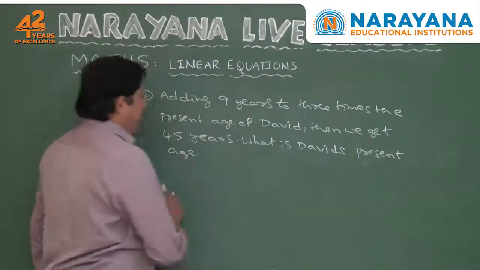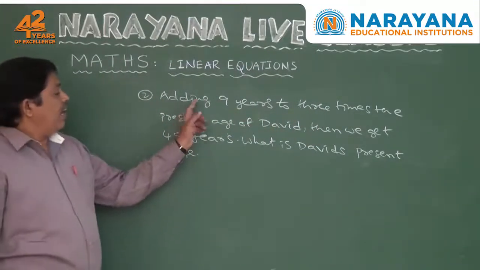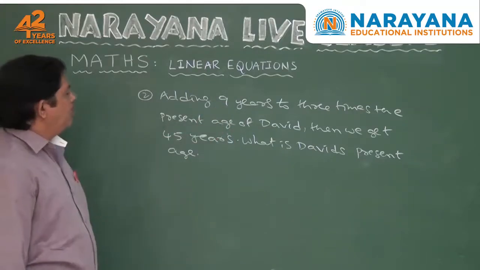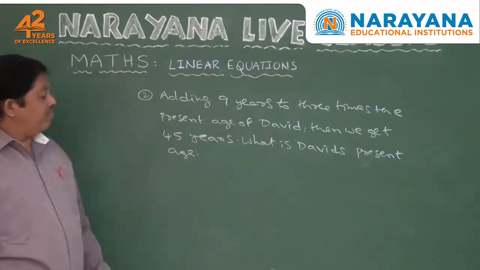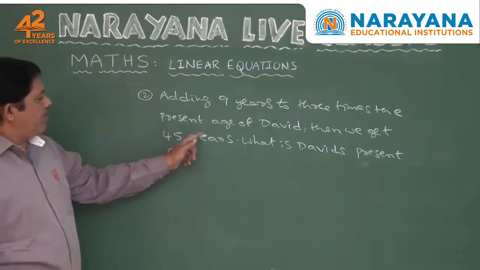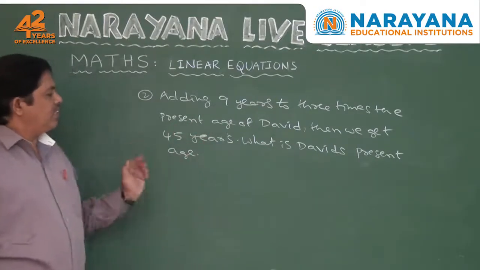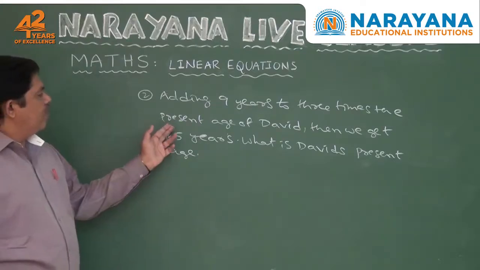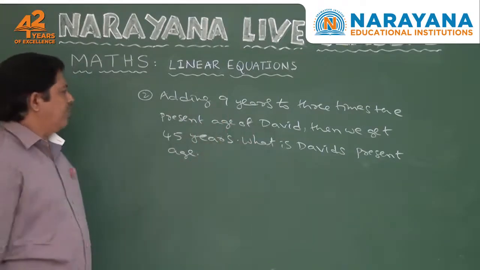First of all, read the problem carefully. Adding 9 years to 3 times the present age of David, we get 45 years. What is David's present age? In this problem, we need to find out the present age of David.